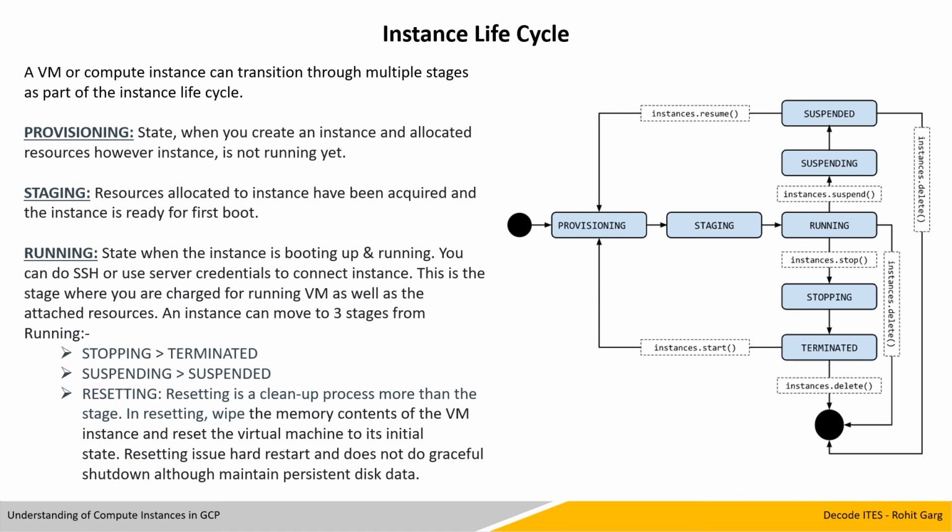Resetting issues a hard restart and does not do a graceful shutdown. Although the machine's persistent disk data will remain intact. So be careful while doing the resetting because your users may face immediate disconnection with their data and their working, or they may lose their unsaved data.